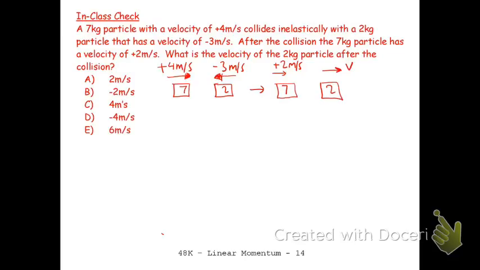On the left hand we have the before, on the right hand we have the afterwards. And the principle is the momentum initial is equal to the momentum final. So we say 7 times plus 4 plus 2 times minus 3 gives me 7 times plus 2 added to 2 times V. So that momentum added to that momentum before is equal to that momentum added to that momentum afterwards.